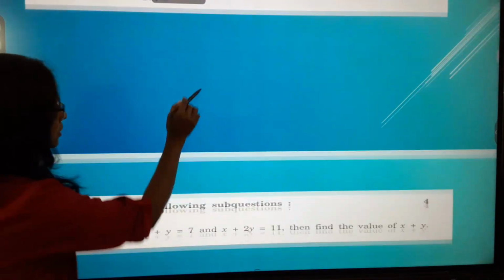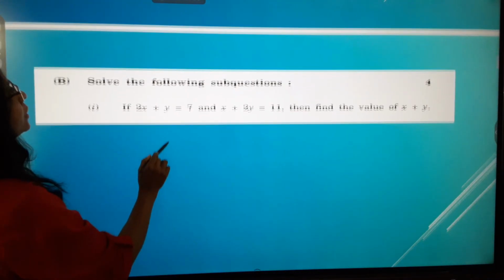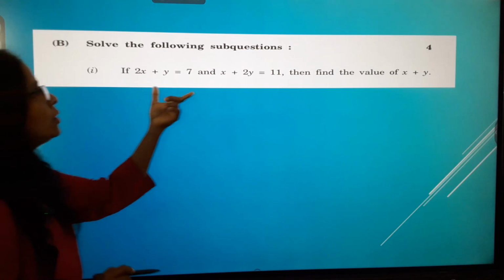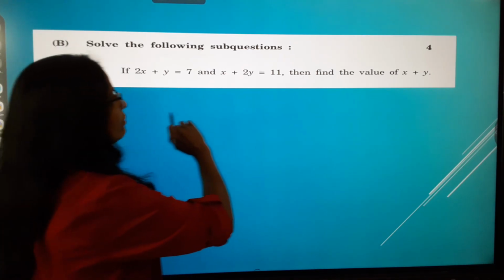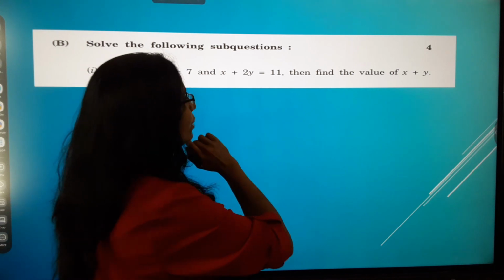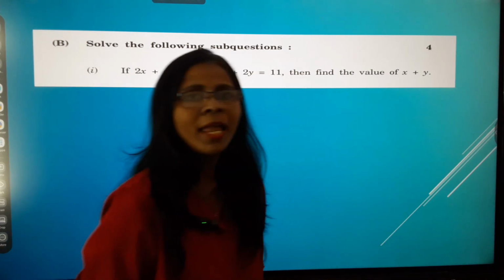Then next one students, question B, sub question B, solve the following simultaneous equations. If 2x plus y is equal to 7 and x plus 2y is equal to 11, then find the value of x plus y.